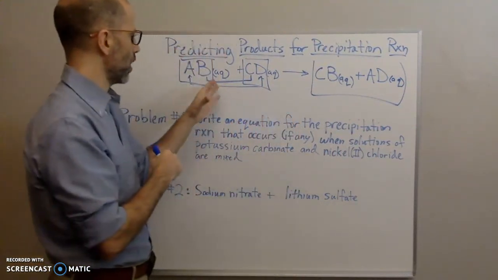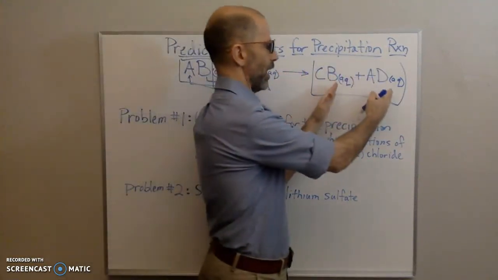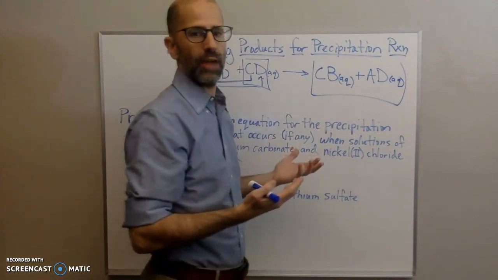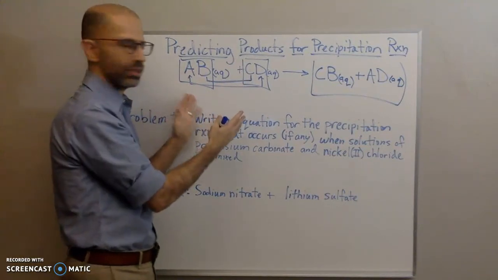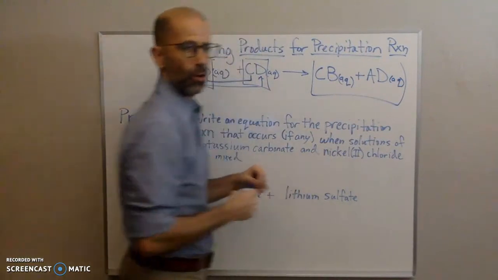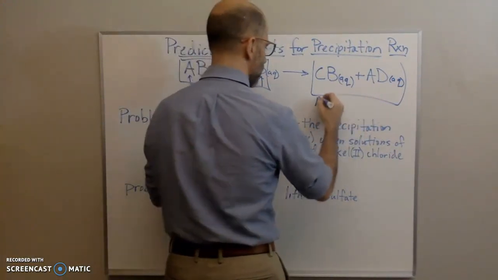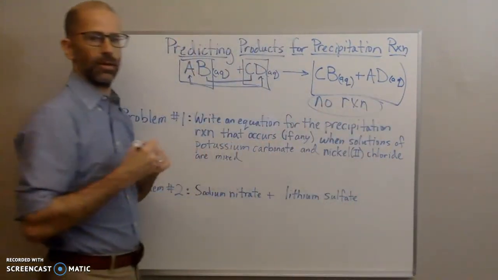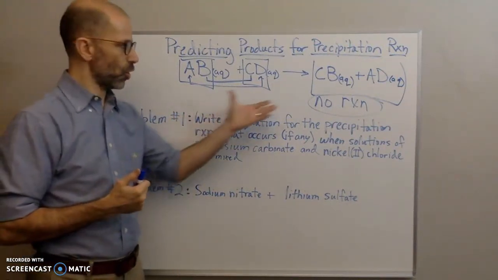So in this case, where I go from two aqueous solutions to two aqueous solutions, there's no reaction, right? Because nothing has changed. I've gone from ions floating around in solution to ions floating around in solution doing nothing, right? So this would be an example of no reaction. So if this was the case, I would write no reaction. Okay, so if there's no precipitate forming, then there's no reaction.